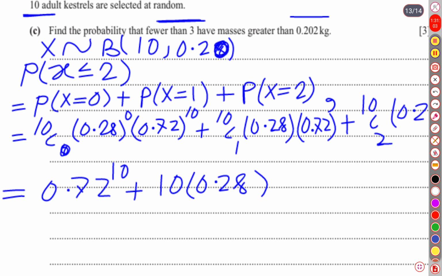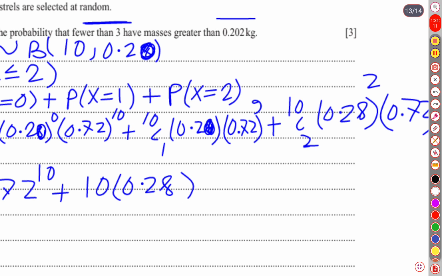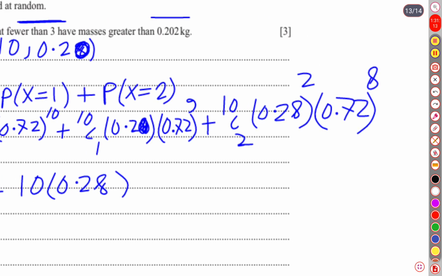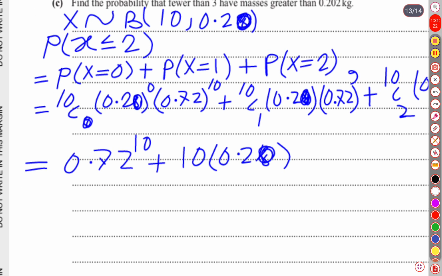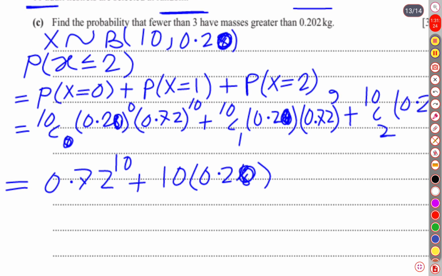So wherever there is 28 we will write 0.20. Everywhere let us write 0.20. Then if this is 0.20, the probability of having mass less than 0.202 will be 0.80.